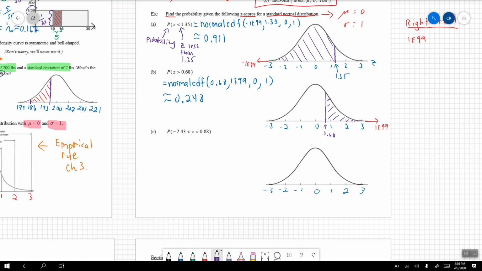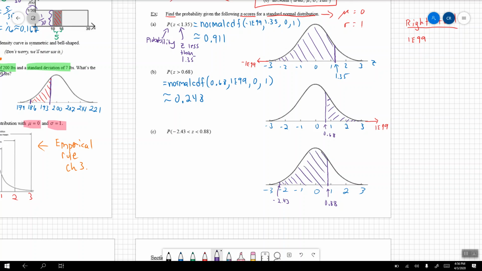The first z value is the left one, that's negative 2.43. So negative 2.43 is somewhere here. Then 0.88 is going to be somewhat close to 1. So here it is. That's 0.88. This notation means that I want to find the probability that's bounded between those two values.